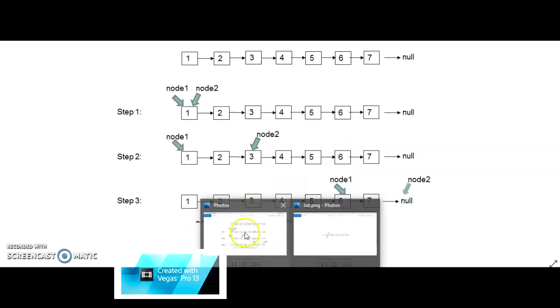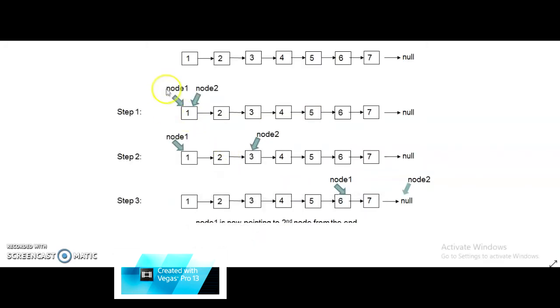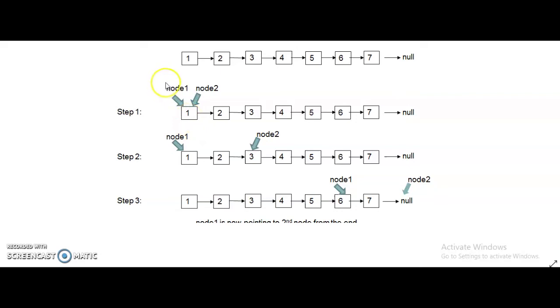Let me show you that picture. So this is the list we have. Initially we are at the first node, that is our head, let's say node 1, and we have another temporary variable, let's say node 2. Now let's say we have to find the second from the end of the linked list, so that will be 6.